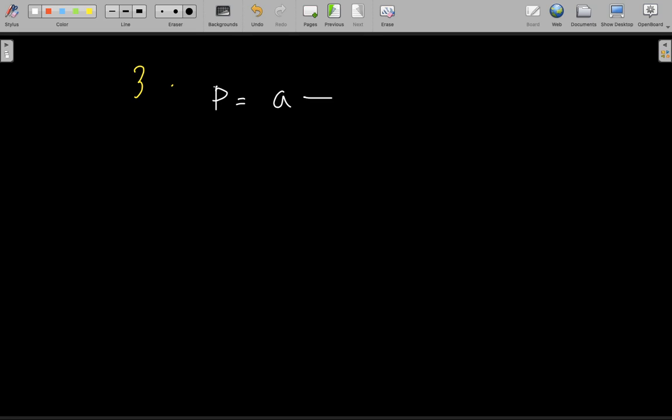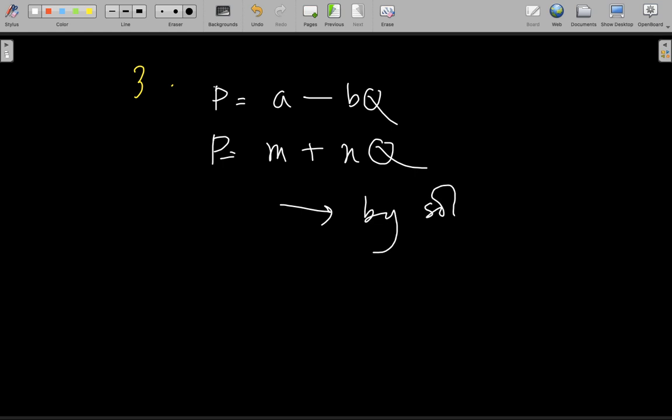So this is my demand equation, and this is my supply equation, for example. By solving these two equations, we can get both P and Q. We don't have the value of P or Q beforehand, but by solving, we get P and Q.